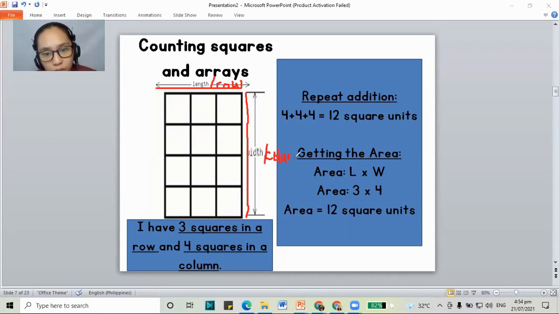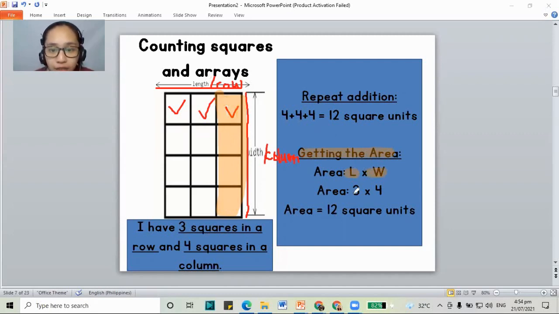Now, I have here 3 squares in a row and 4 squares in a column. If I want to look for my area, I will use the formula length times width.